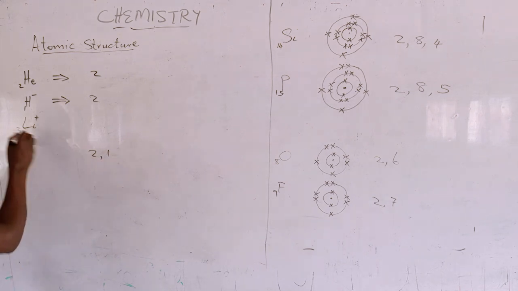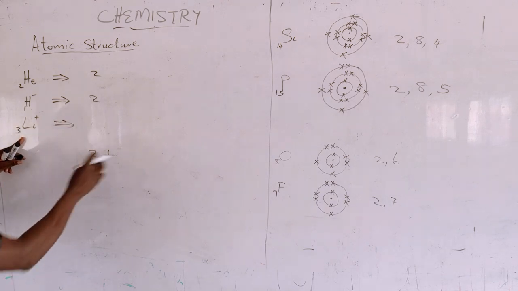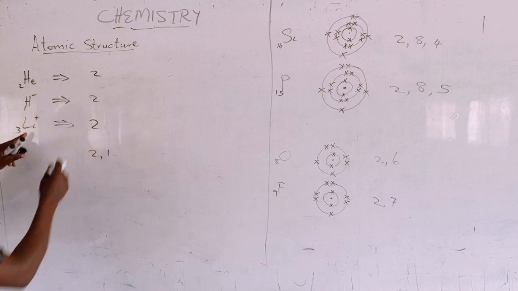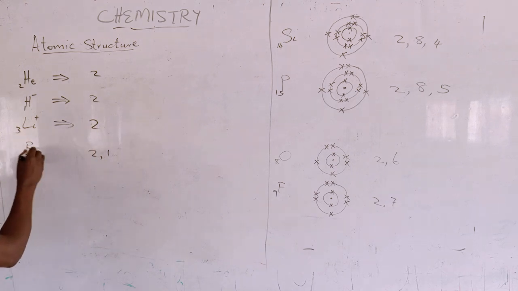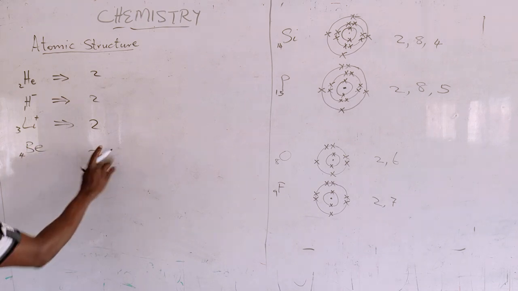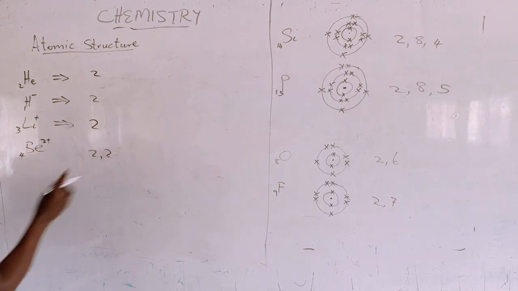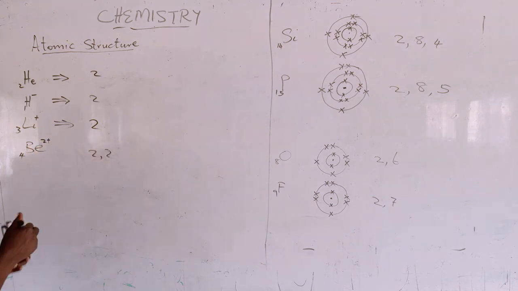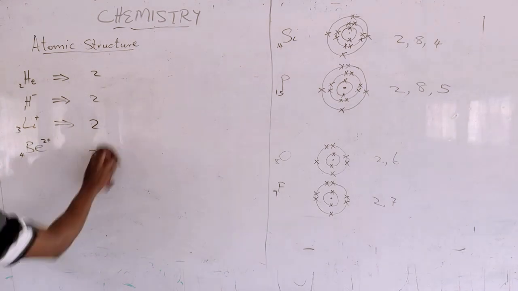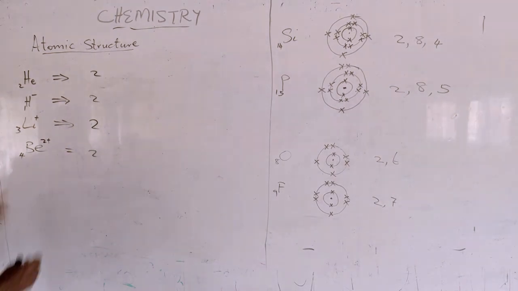Atomic number is 3, but the electronic configuration is 2 because 1 has been donated. Beryllium has atomic number 4, and remember beryllium is 2, 2. If it gives out these, it will carry plus 2 and this will now be its electronic configuration.